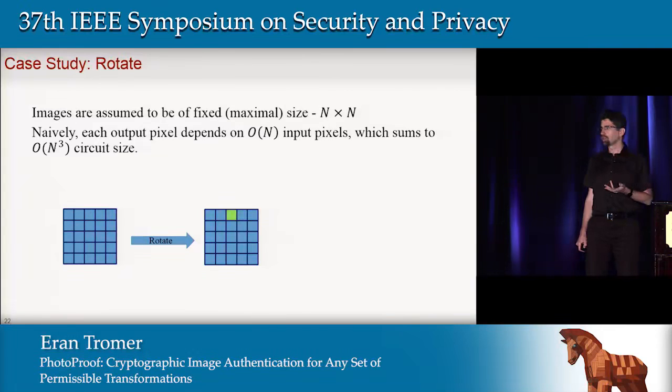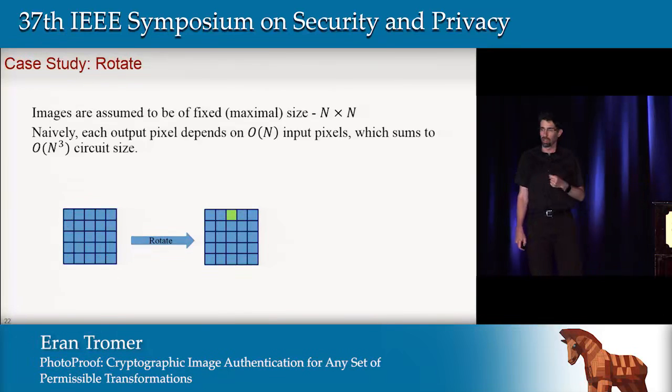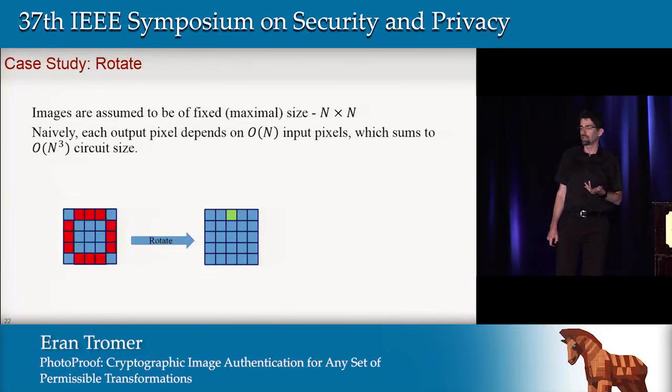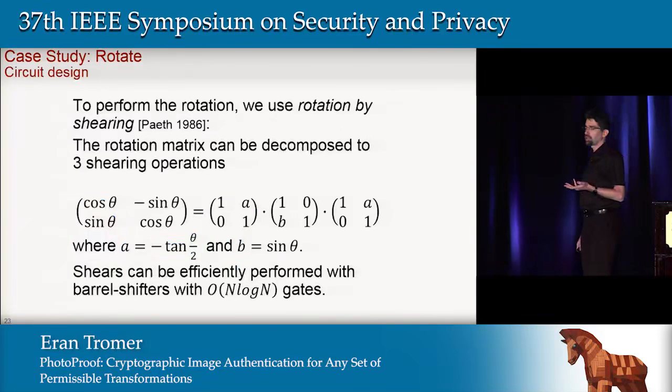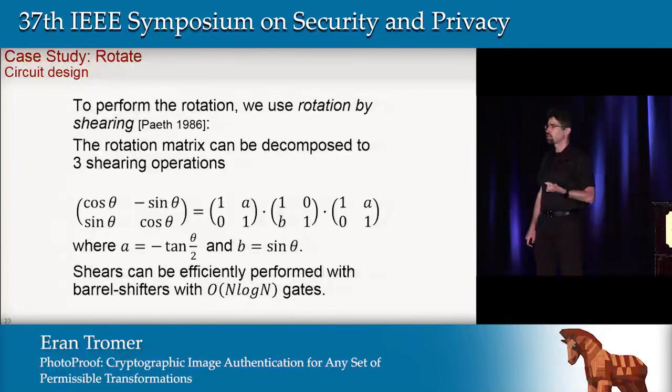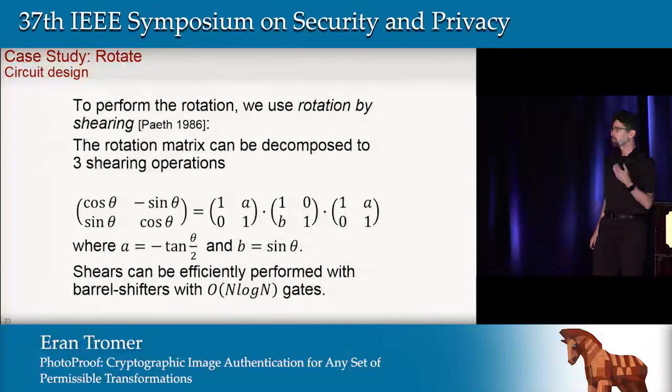A naive implementation using arithmetic circuits would be bad as well, because every pixel could have resulted prior to the transformation from any of n pixels, and therefore the efficiency of a naive implementation would be cubic in the image dimension. But we can use tricks like an alternative representation of the rotation matrix based on composition of shearing matrices, each of which can be implemented using barrel shifters, using n log n gates for every row.